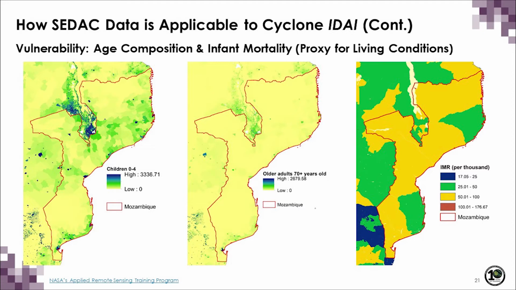The difference in distribution between the two maps responds to the fact that Mozambique has a young population with more than 35% of children, broadly distributed, while the older population is smaller and more heavily concentrated in urban areas. Finally, the IMR map on the right indicates that the area affected by EDE displays relatively higher infant mortality rates than other areas of Mozambique.